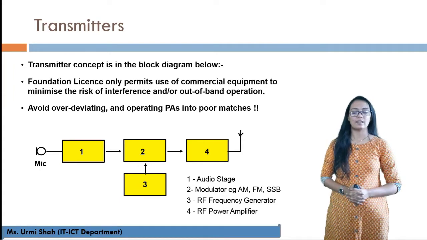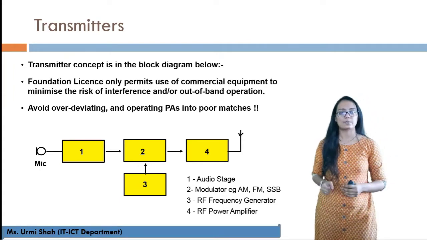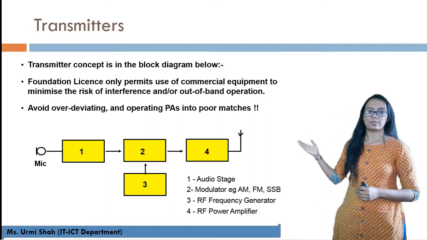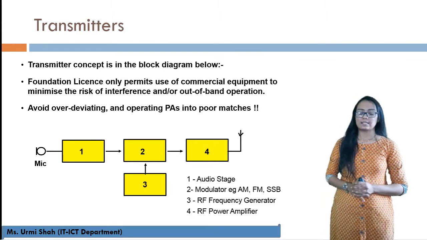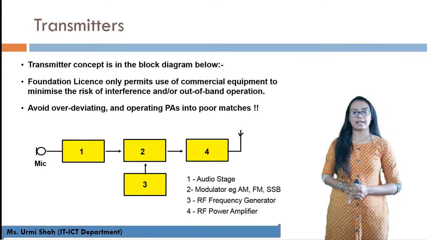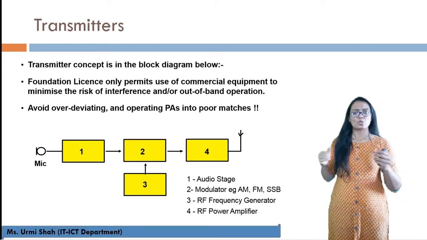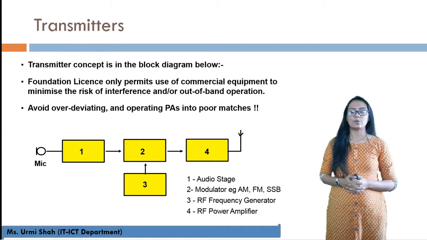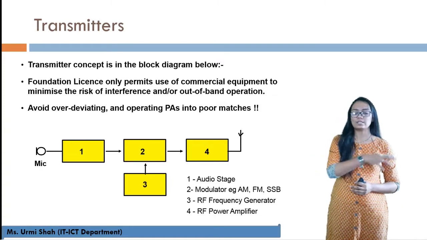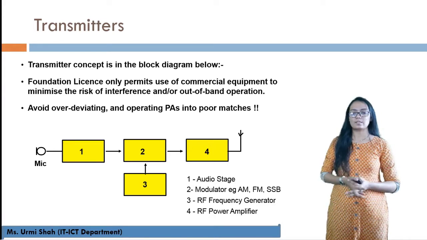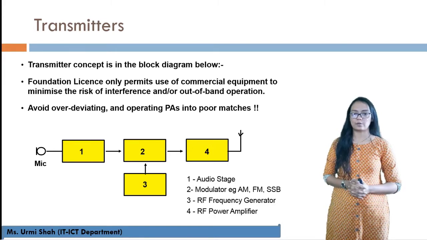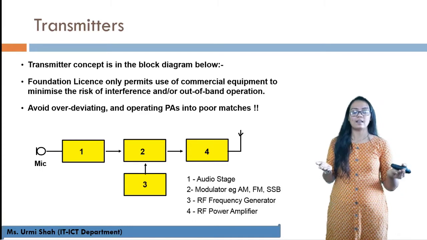In modulator, we can have different types of modulators, which can be amplitude modulator, FM modulator, and SSB modulator, that is single sideband modulator. So basically, whenever you are transmitting this audio signal into a modulator block, obviously modulator block is going to generate a modulated output, that is mixing of message signal and carrier signal.